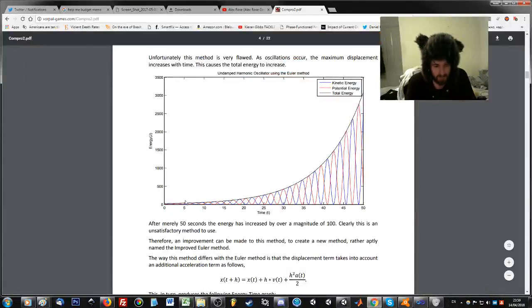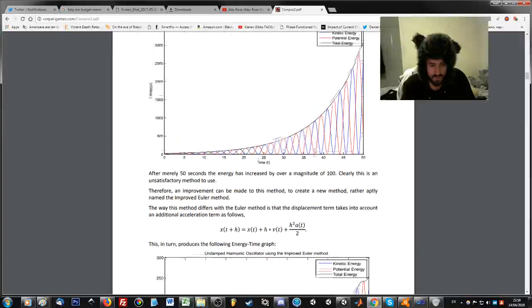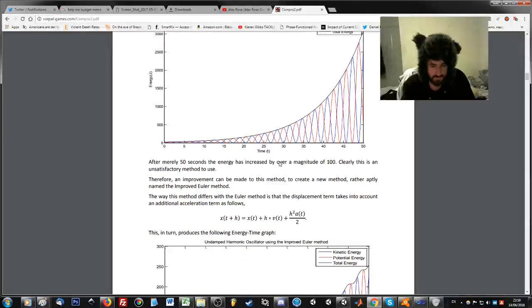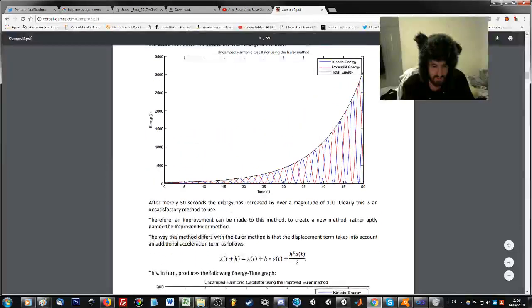Because of these tiny errors, it actually inflates the energy massively because it's so often curving that it blows up and the errors get exponentially bigger. Look, after 50 seconds the energy's increased 100 times.